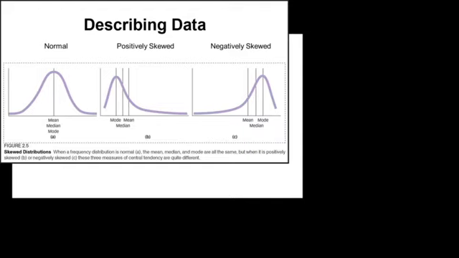All right, so these are the three big kinds of data you're going to see, and we can describe it as normally distributed. That's our ideal. That's what we expect in most situations. That's hopefully what we get most of the time. But we can have positive and negative skewed data, and that's usually just driven by some outliers.